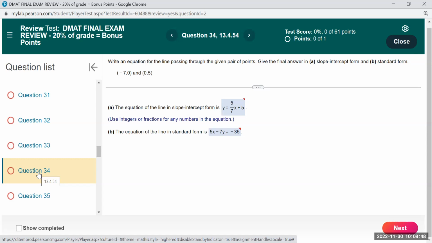Right, number 34. Write an equation of a line passing through the given pair of points. The line goes through -7, 0 and 0, 5.